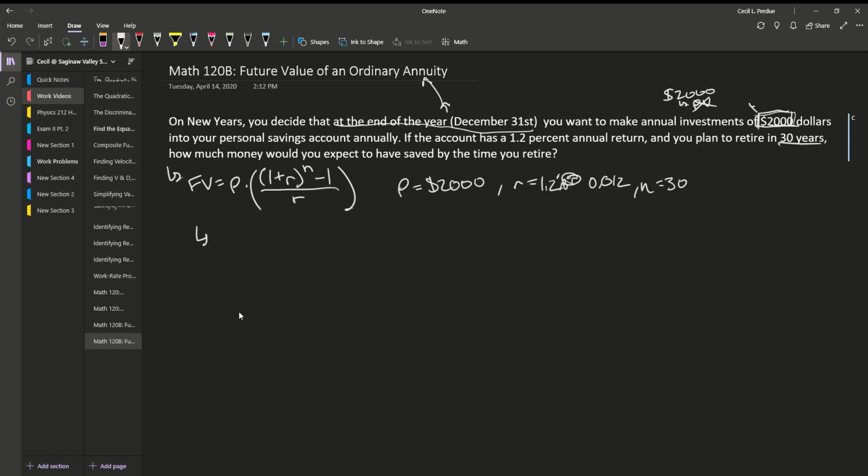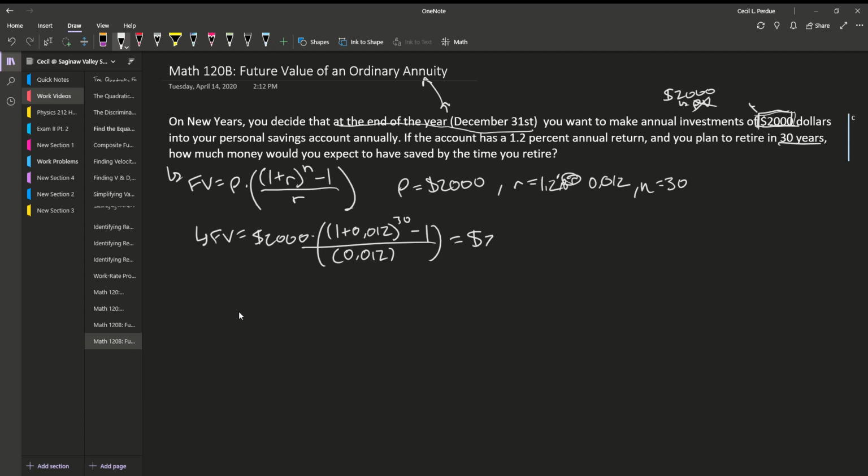Our future value is going to be equal to 2,000 multiplied by, in the numerator, 1 plus 0.012 to the power of n, which we know is 30, minus 1, all over r, which we know is 0.012.